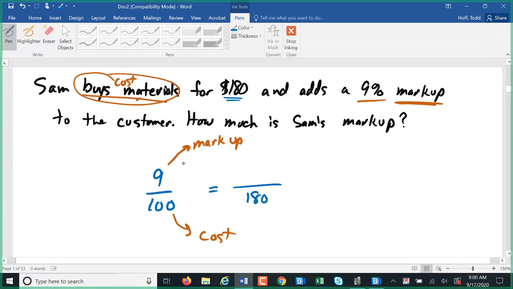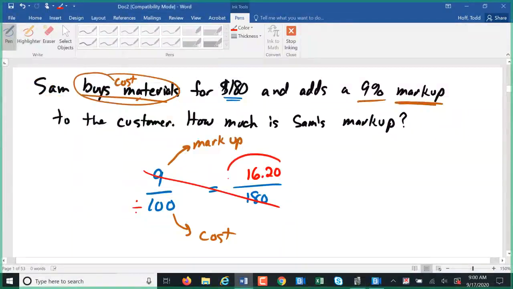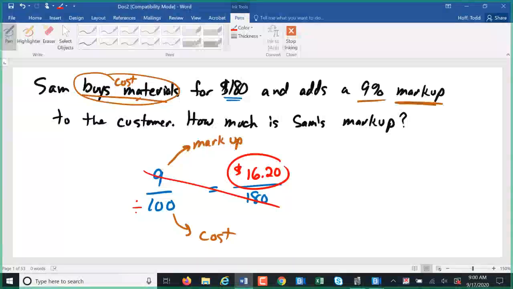And we'll cross multiply and divide. 9 times 180 divided by 100 is going to be what? $16.20, I believe. And it is. So Sam's markup is $16.20. So that's what Sam charges the customer for purchasing the materials and transporting them to a job or whatever.